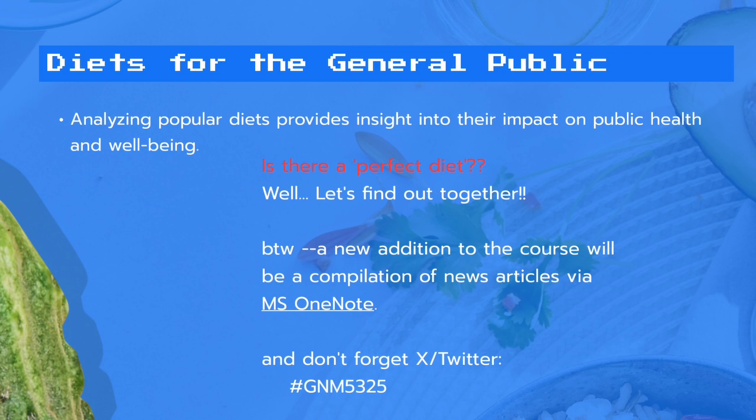We will also be looking at X, formerly known as Twitter as we like to call it, using the hashtag GNM2325, a little typo there. The idea is that you can begin to use Twitter to look for reliable information about nutrition, but also be able to find and identify scams and assorted hoaxes. We'll talk in more detail about that in the coming weeks.